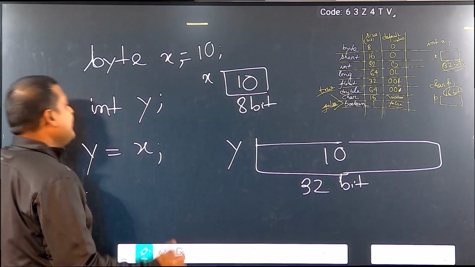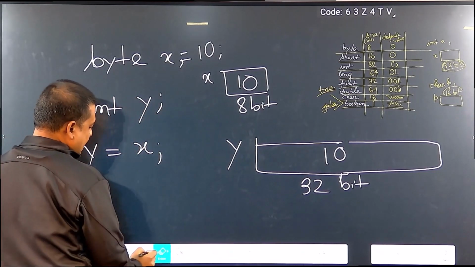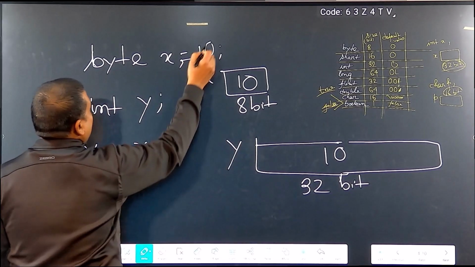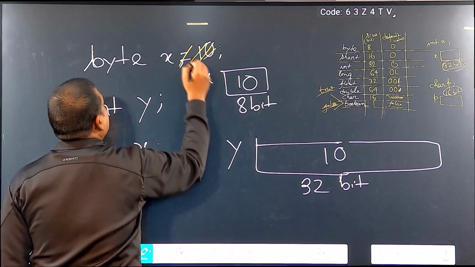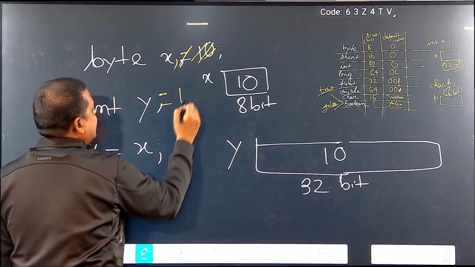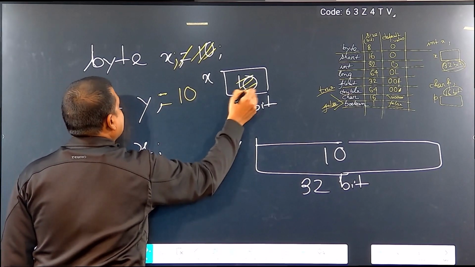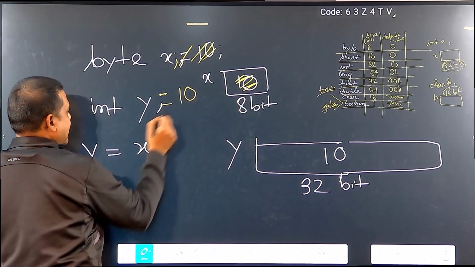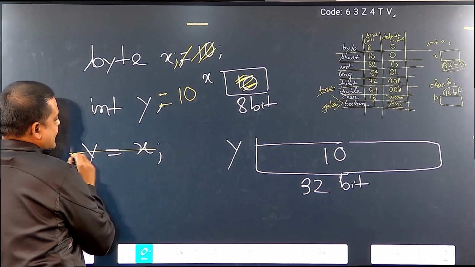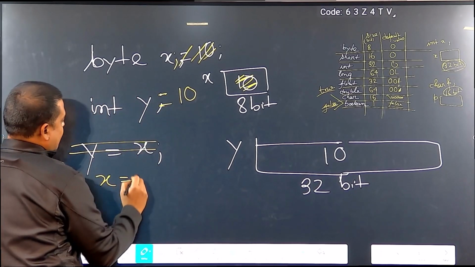But rather than doing this, I am not assigning x as 10. I am assigning y as 10, and x has the default value 0. Now I am writing x equal y.